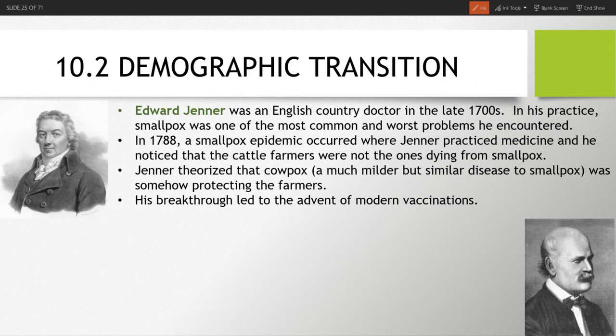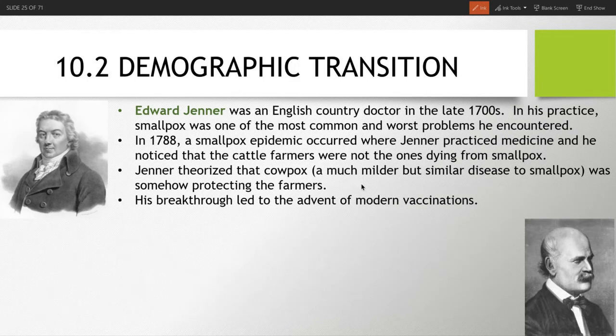scientific experiments, I guess you might say, but also human testing, he started with a small boy who had already been exposed to cowpox, injected smallpox into that boy, and he discovered that 2 months later, when the boy was exposed to smallpox, he did not get it because he had already been exposed to cowpox.